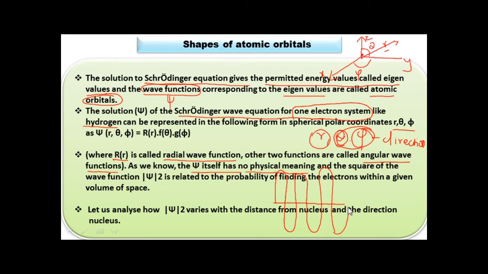But the square of the wave function, psi squared, is the probability of finding the electron within the given volume of space. That is the probability of the electron being maximum, that is psi squared.